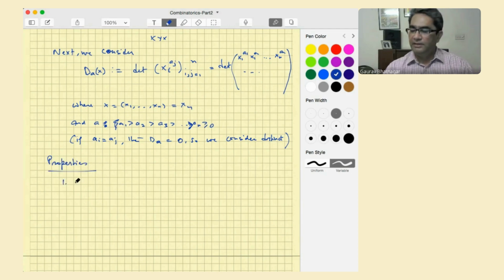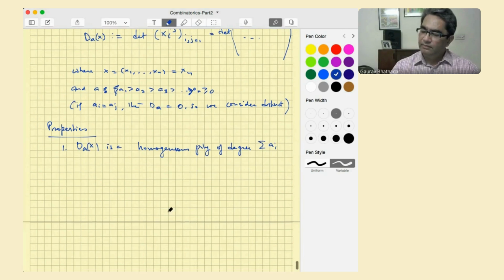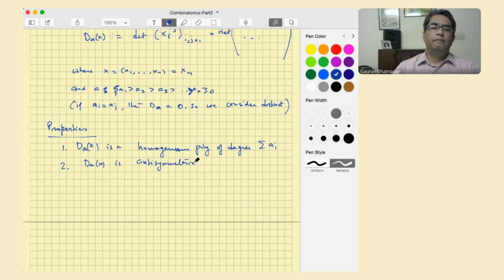Okay. So some properties. dAx is a homogeneous polynomial of degree summation ai. dAx is antisymmetric, again, the same thing, means the same.